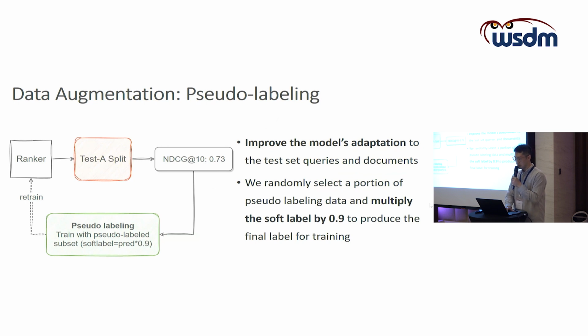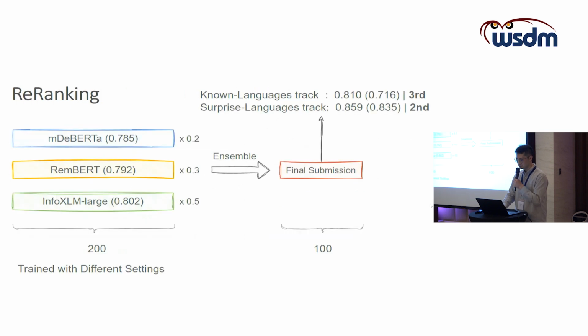In our experiments, we found that the soft label outperforms the hard label, as the latter may increase the risk of overfitting. To maintain the quality of the training data, we randomly select a portion of the pseudo-label data and multiply the soft label by 0.9 to produce the final label used for training. This technique significantly improves our models.